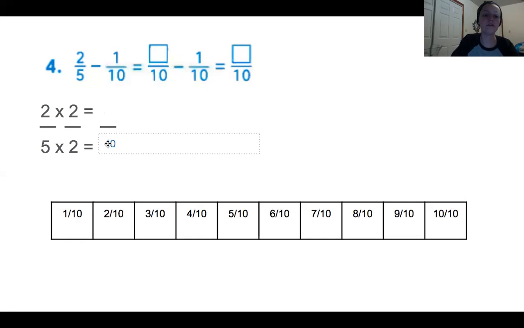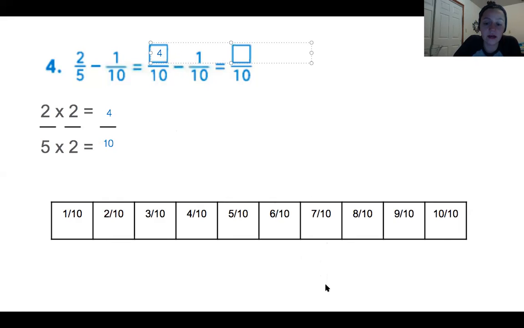Now, what does 2 times 2 give me? What is my numerator going to be? If you said 4, you would be correct. So this fraction is 4/10. I'm going to put it up here. Now we're solving for 4/10 minus 1/10.